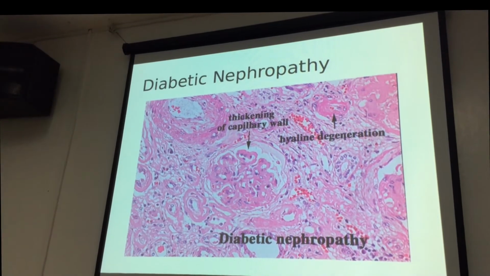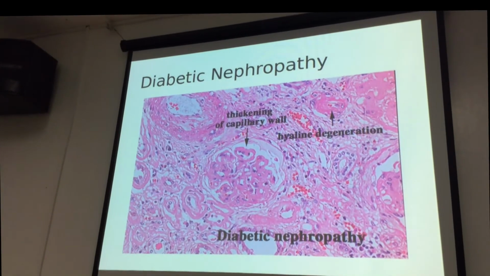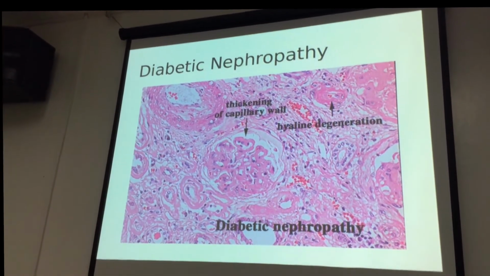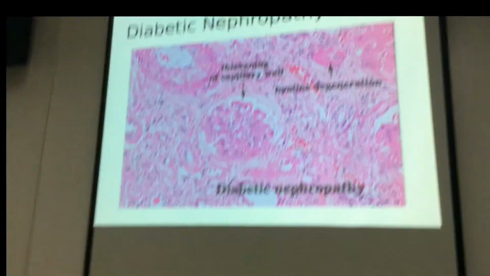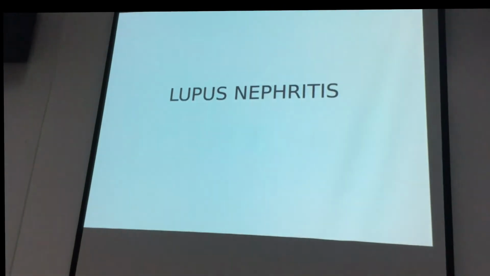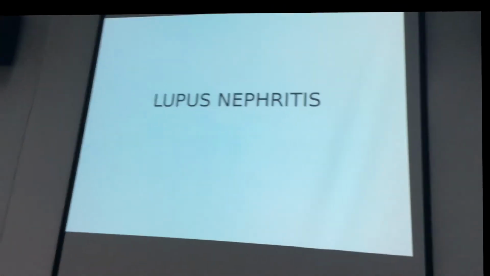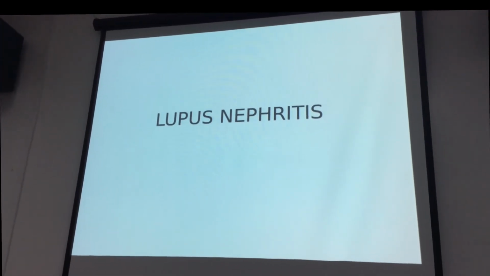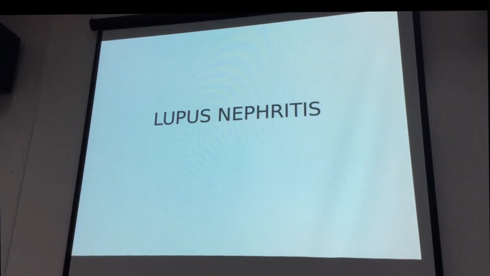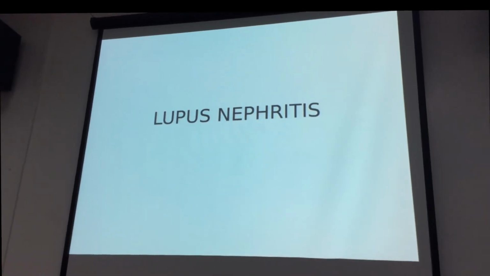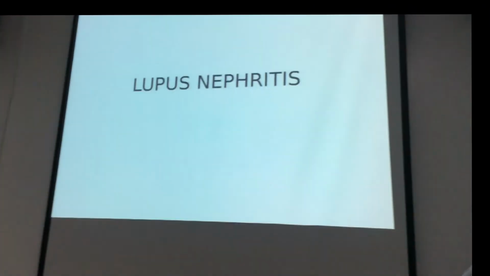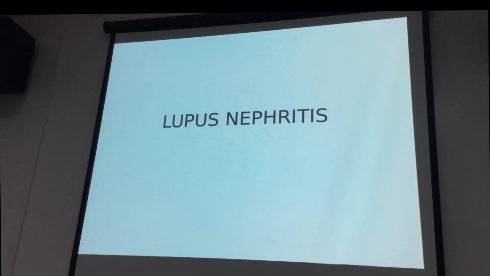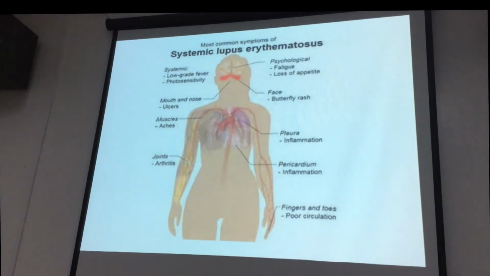Now, your diabetic nephropathy, you must be able to differentiate it from the histologic changes you are going to encounter in lupus nephritis. Systemic lupus erythematosus is an autoimmune condition which damages many organs, and one of the organs involved are your kidneys.